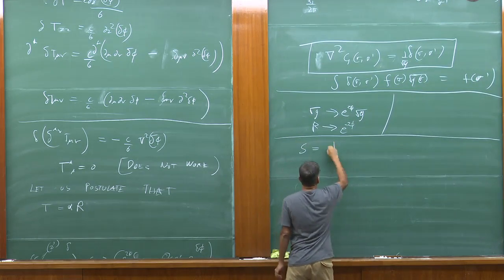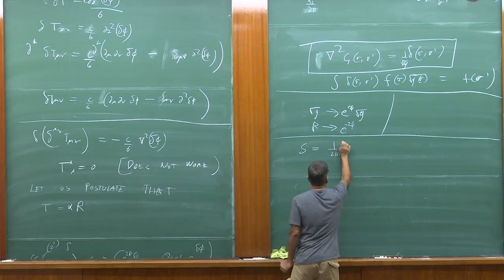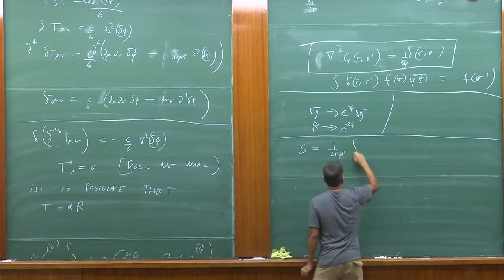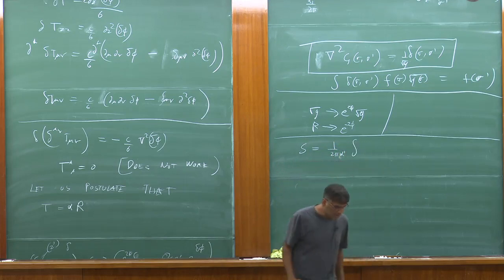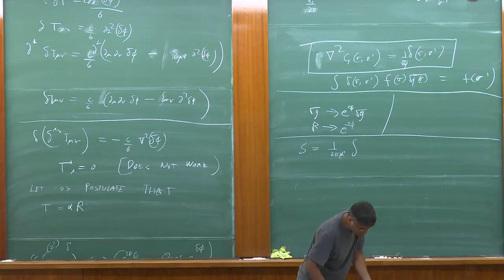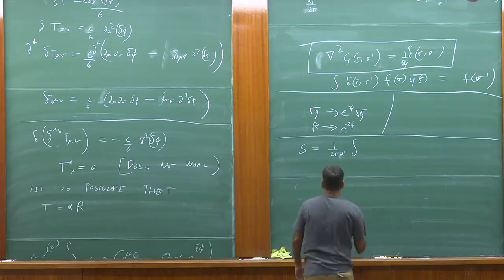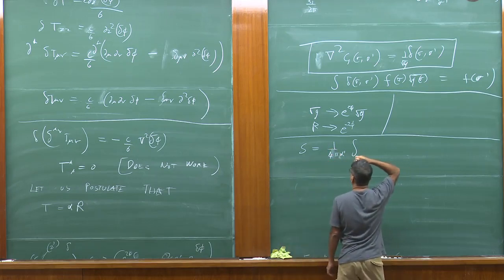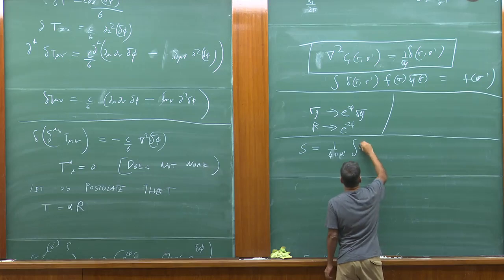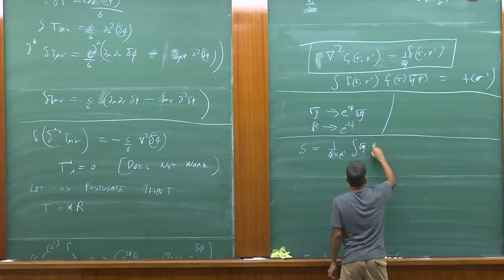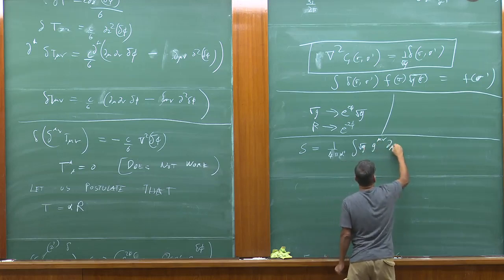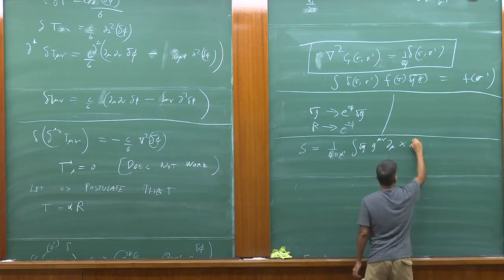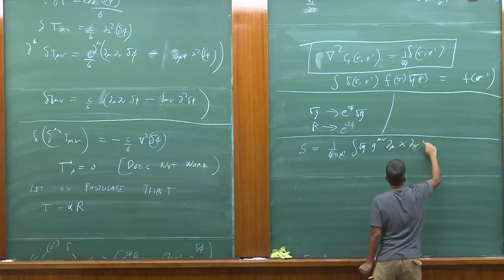S is equal to 1 by 4 pi alpha prime integral square root g g mu nu del mu x del nu x.